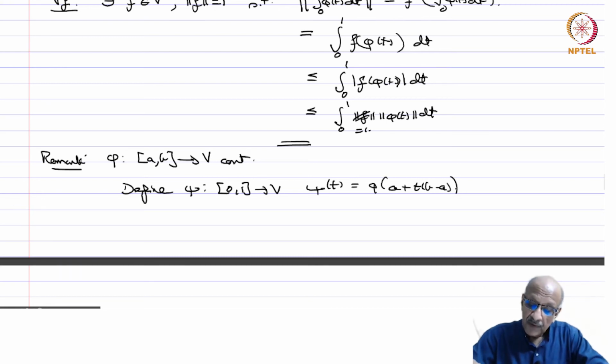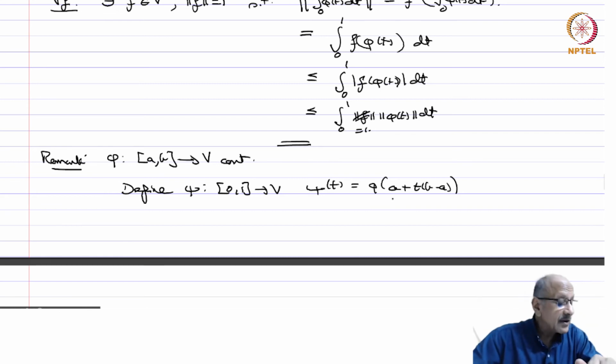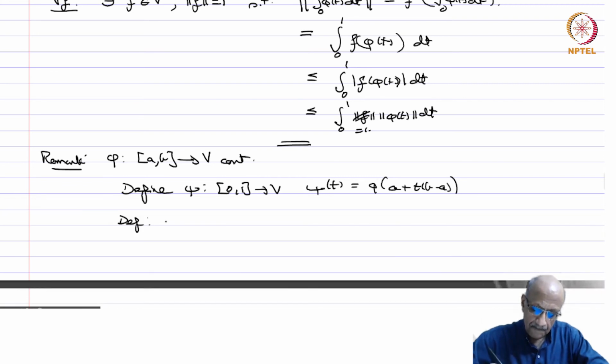So psi of 0 will be phi of a, psi of 1 will be phi of b, and in between psi gets mapped. And we define the integral from a to b of phi of t dt by change of variable. So this will be (b minus a) times the integral from 0 to 1 of psi of t dt.